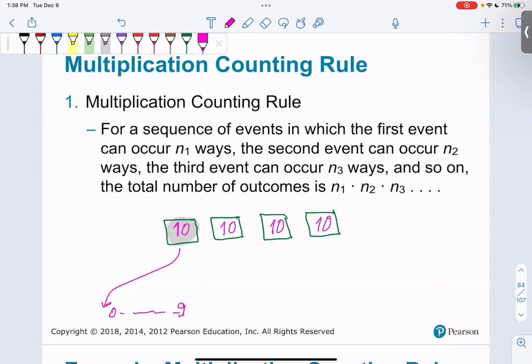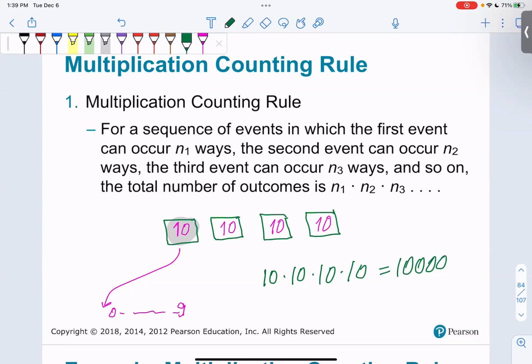So you can create 10,000 passcodes using 4 digits, starting with 0000 and then 0001 till you get 9999, which is 10 times 10 times 10 times 10, which is 10,000.